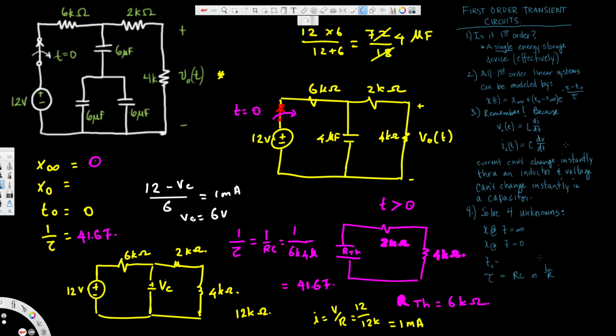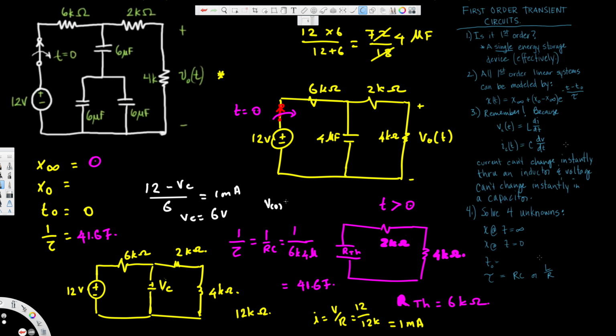Now after you find the VC, it's easy to find the V across this 4 kilo ohm resistance. To find that, let's write that one down first.